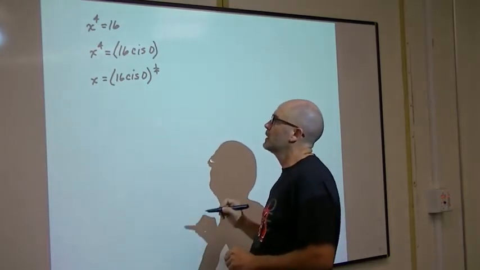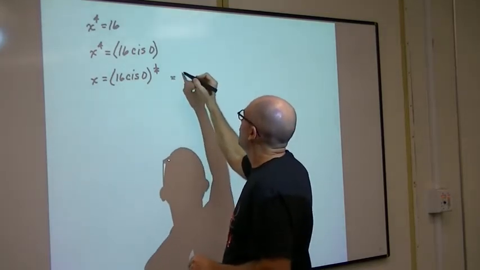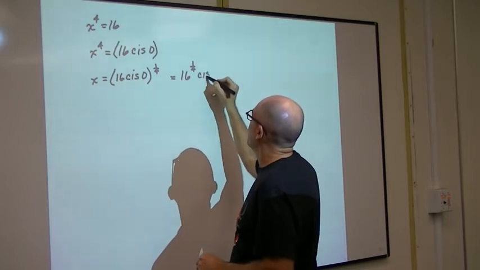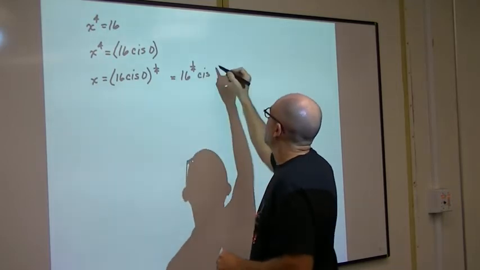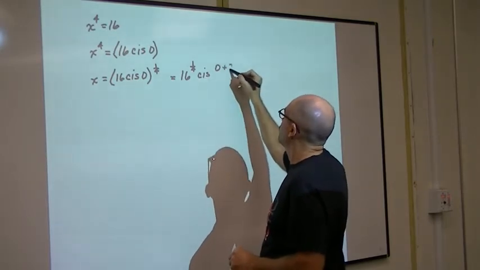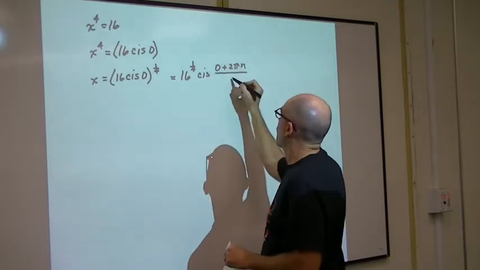Okay, so this equals 16 to the 1/4 cis theta, which is 0, plus 2 pi n all over 4.